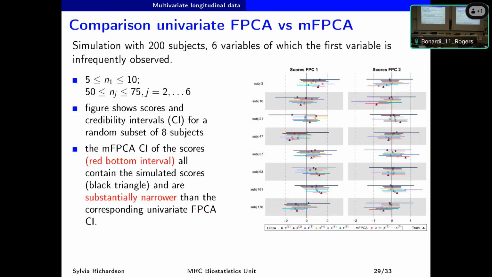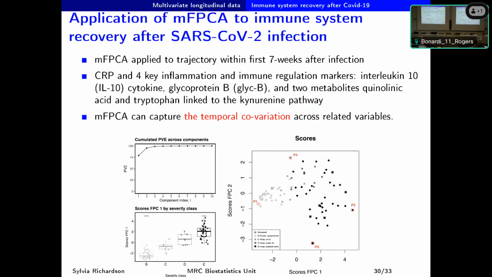So let's go back to the COVID example. Thanks to this multivariate FPCA, we were able to use jointly the CRP and 4 key inflammation and immune regulation markers, which belong to the same pathway. So we think there was a reason that they would be co-varying and kind of co-regulated by the immune system.